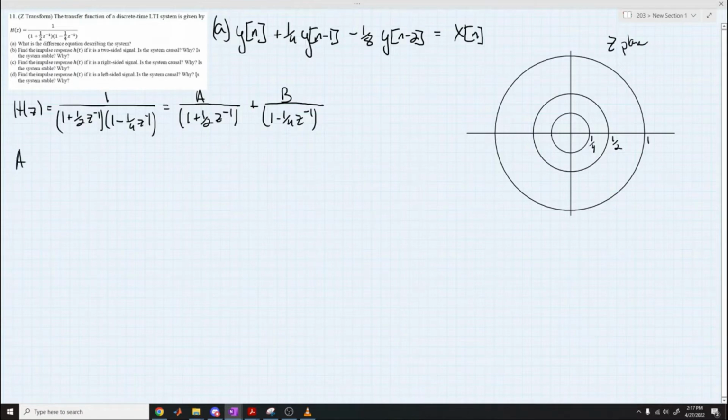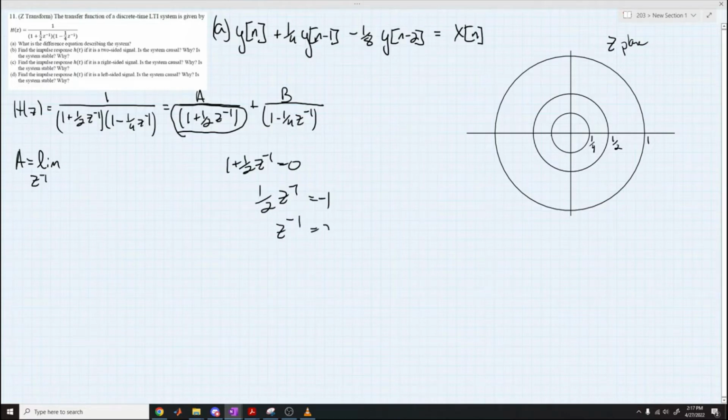So we're working with the coefficient A. What do we have to plug in for z to the negative 1 to make 1 plus 1/2 z to the negative 1 equal to 0? 1/2 z to the negative 1 is equal to negative 1, and then I would multiply both sides by 2, so z to the negative 1 is equal to negative 2.